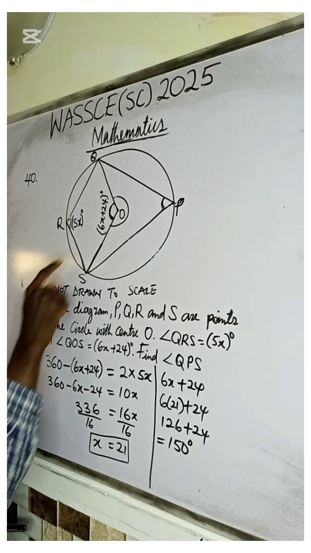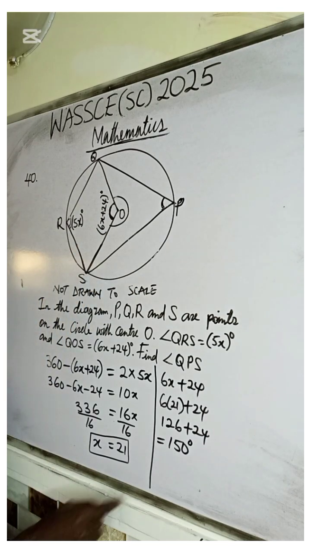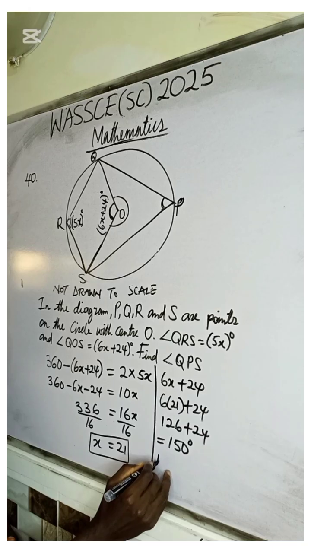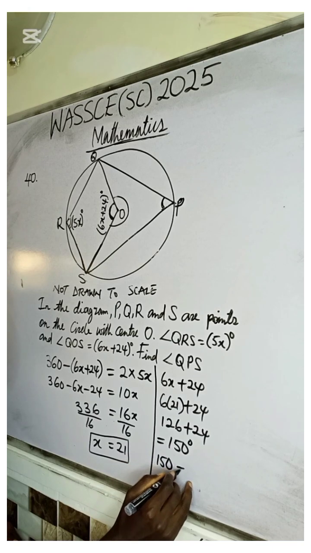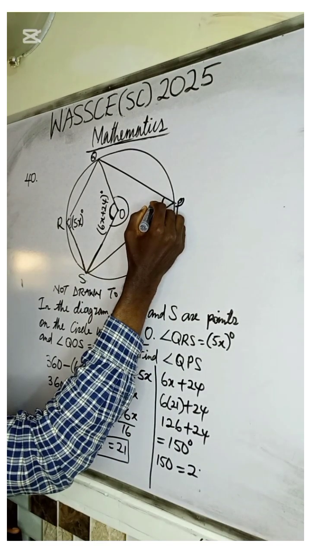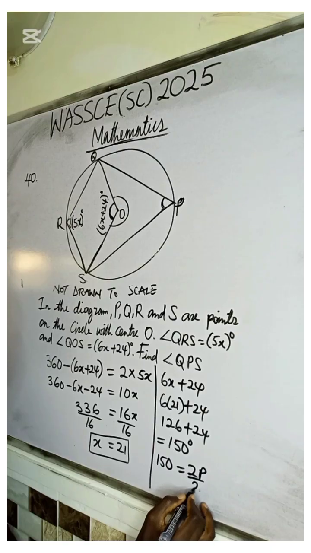So angle at the center is twice angle at the circumference, and the angle at the center is 150. So 150 is 2 times the angle at the circumference. Let us call this angle P, so 2P. Then to get P, we divide both sides by 2.